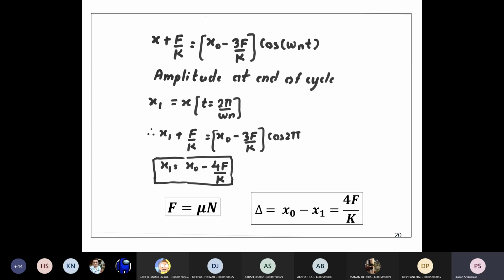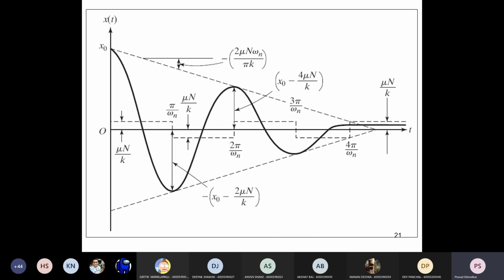Okay? So how is this different from your logarithmic decrement? Sir, for that the mean position is always fixed, and here the mean position is constantly changing.